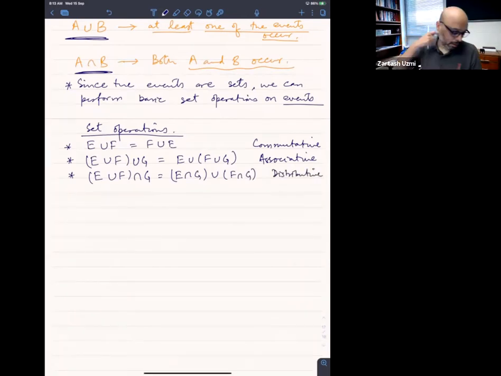In set theory, you can prove this by using set theory or Venn diagrams, whatever you want to use. We are not going to go into that detail. You have studied this somewhere in basic classes.